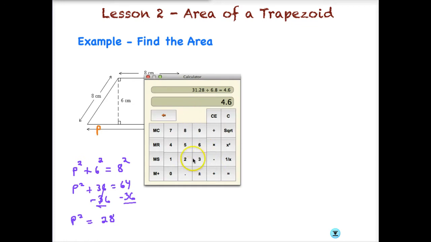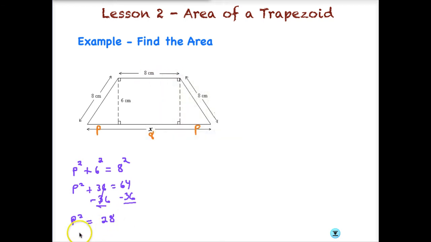If we find the square root of 28, we get 5.29, and we'll just call that 5.3. So P is now equal to 5.3. And also recall that the reason I took the square root is I need to still solve for P. And right now we have P squared. To undo the square, we take the square root.